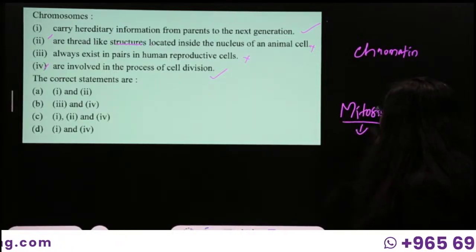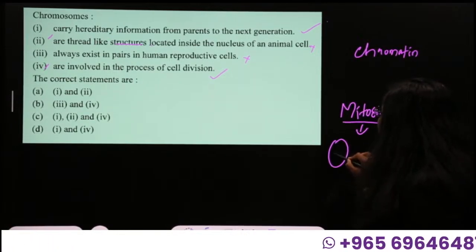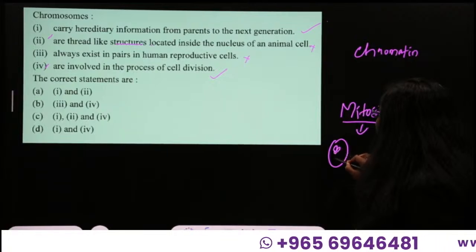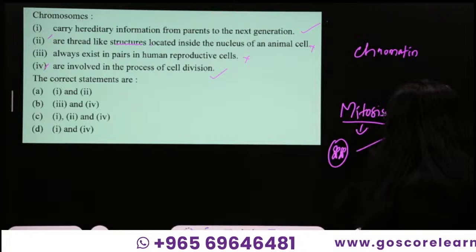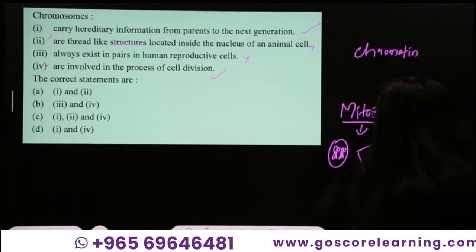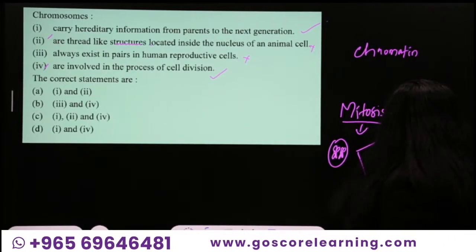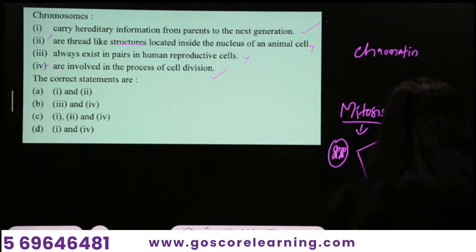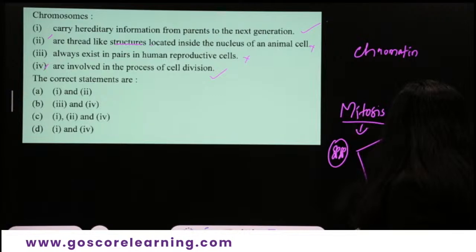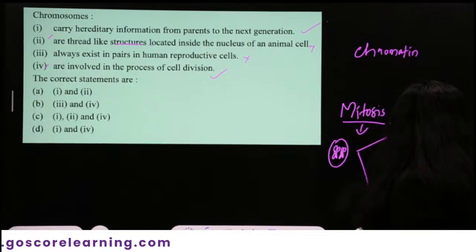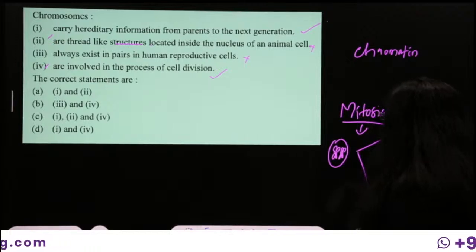In mitosis, if one cell has 2 chromosomes, a pair of chromosomes, when it divides, it is divided into 2 cells, each having the same number of chromosomes. This is cell division.